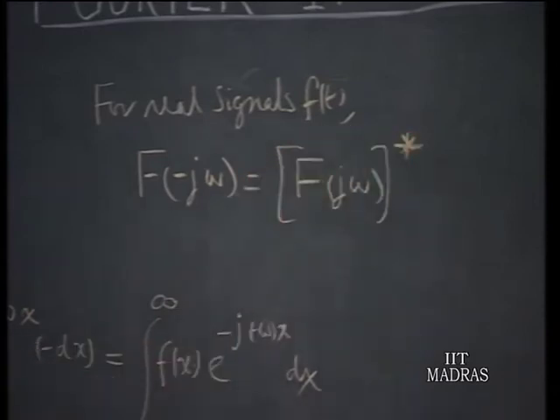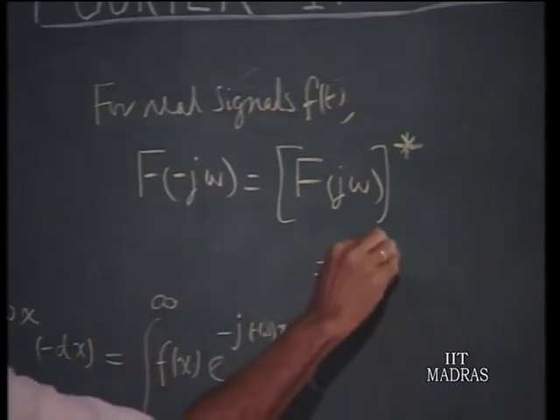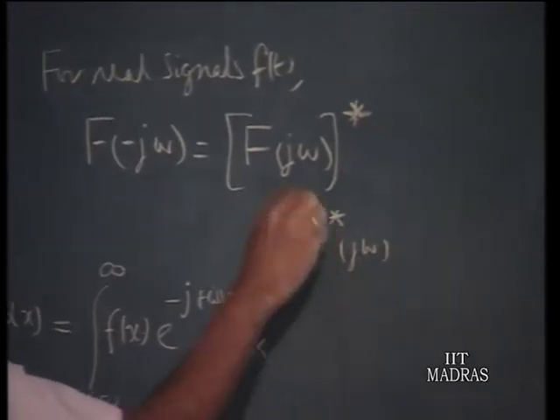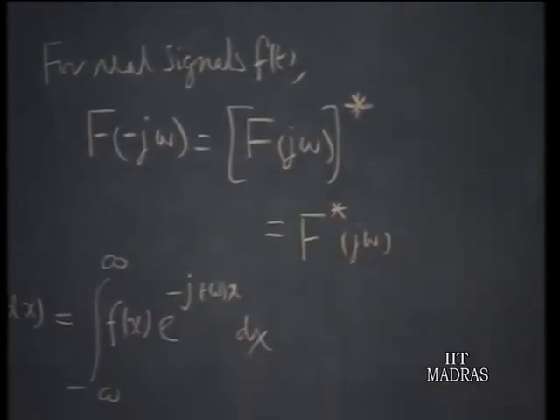That means the angle will be reversed, but the magnitude will remain the same. You can write this also as F star of j omega, that is, in other words, the conjugate of F of j omega.